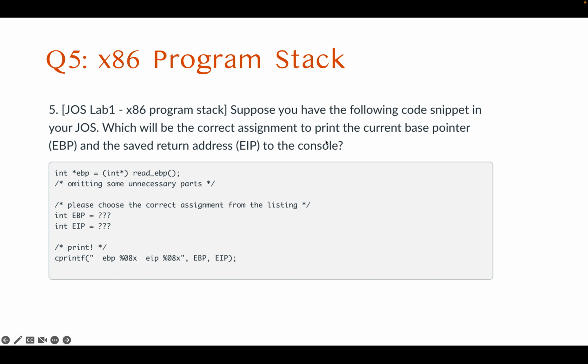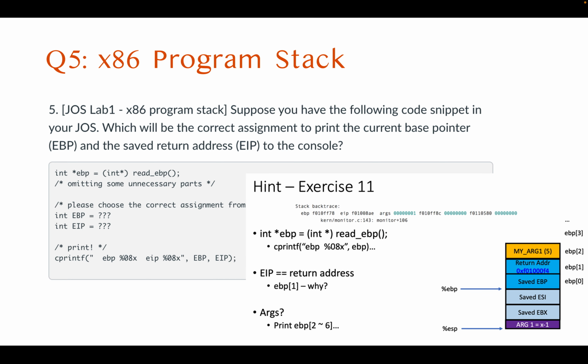Which will be the correct assignment to print the current base pointer, EBP, and save the return address, the EIP, to the console? There are some parts of the code, but to follow this correctly, either follow your JOS code, or you can refer to the JOS tutorial slide about which value you need to put for printing the EBP and EIP.